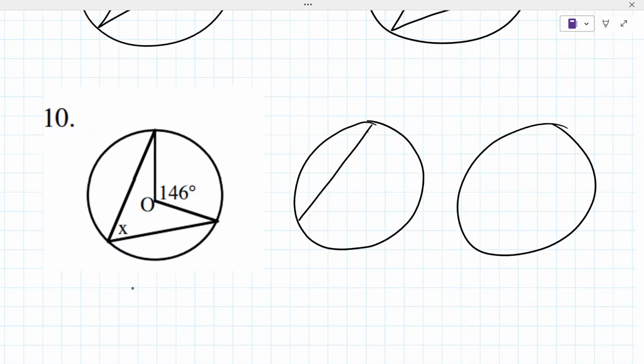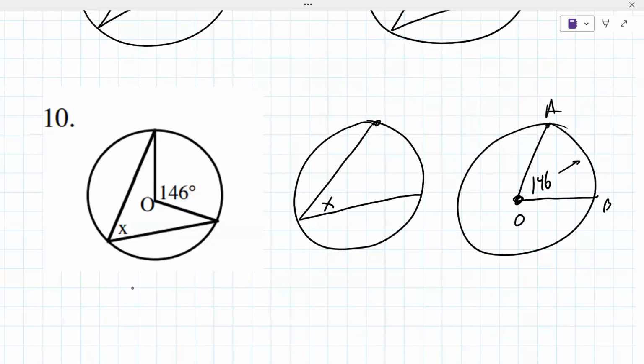So here, this is X, this is O, 146. I would find this arc here on the right, call it A to B if you want.